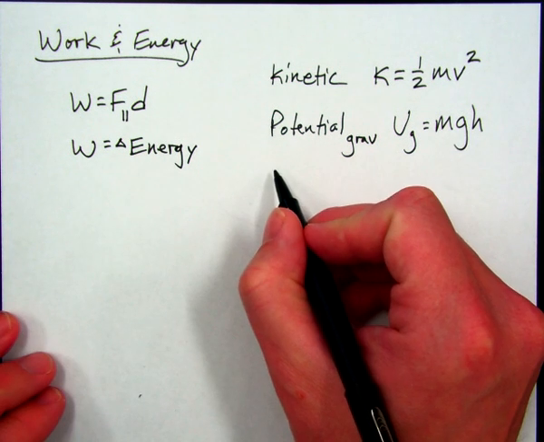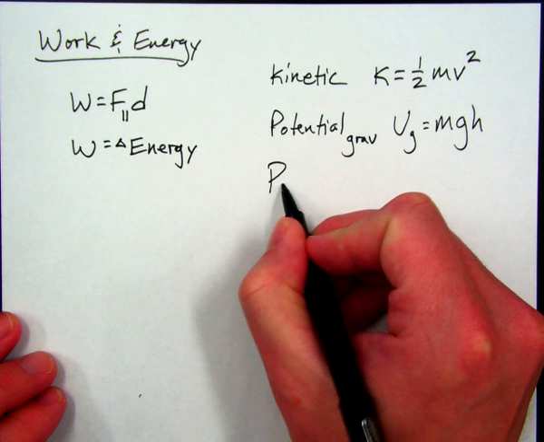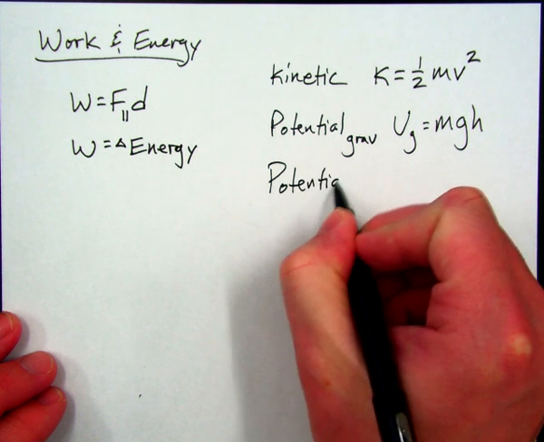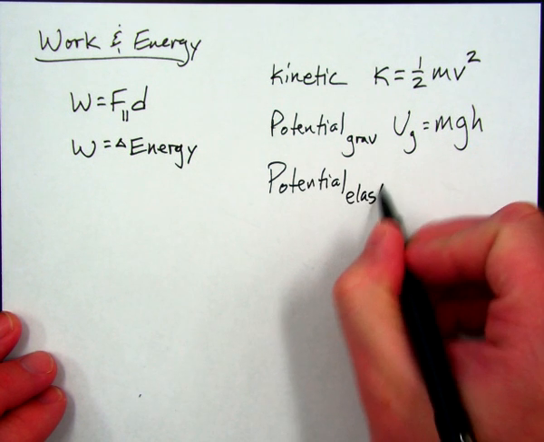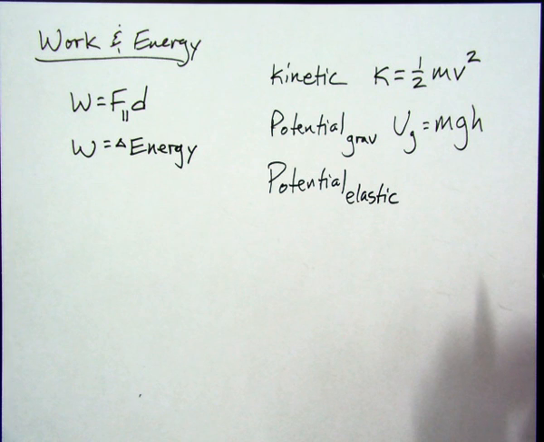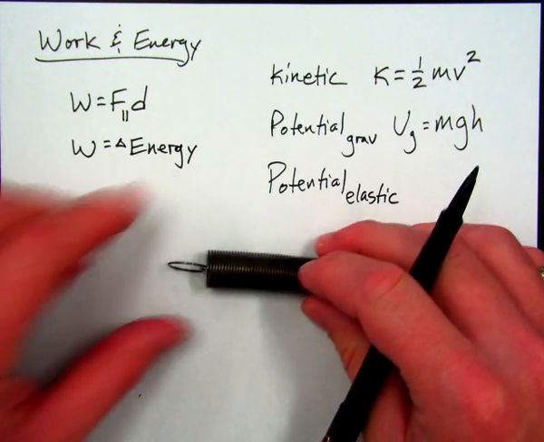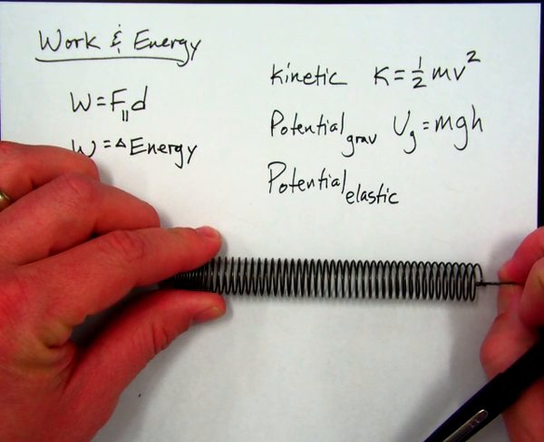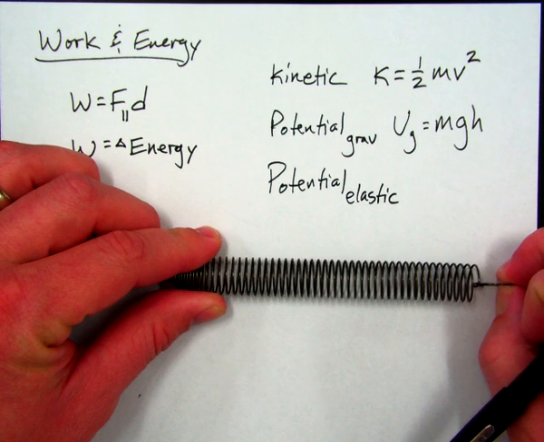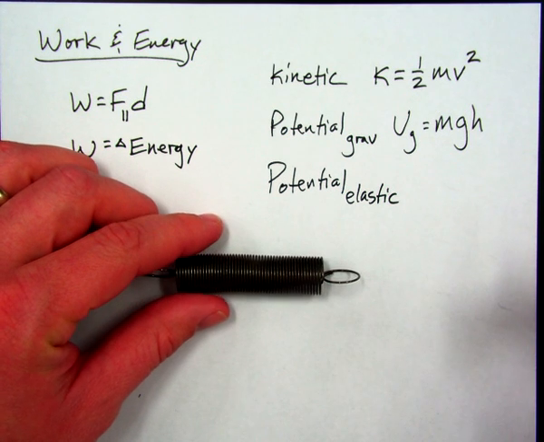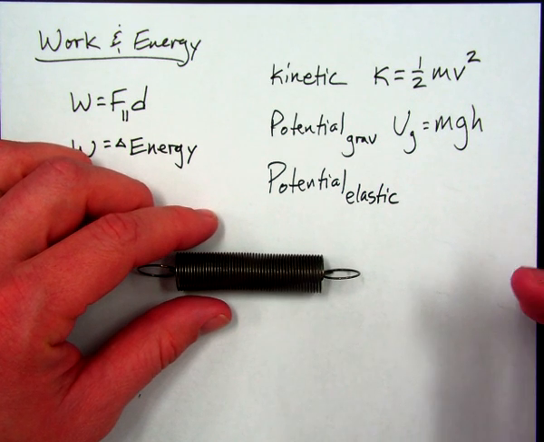Another form of energy that we'll talk about in this unit is elastic potential energy. So consider a spring. When you stretch a spring, you're storing up energy in it. When you let it go, that energy could be unleashed as some other form of energy, or a rubber band.